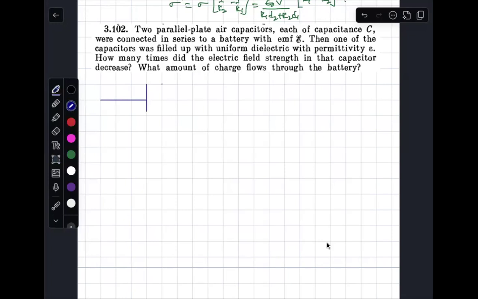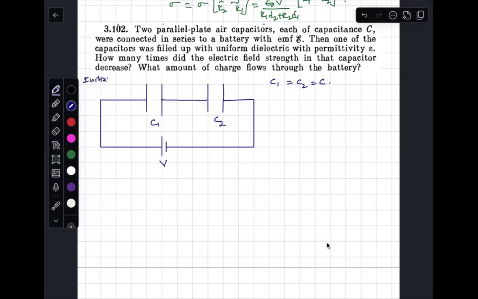You have two capacitor plates like this, C1 and C2, and earlier C1 is equal to C2 is equal to C. So initially, what is the picture here?